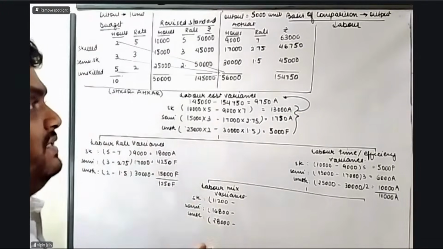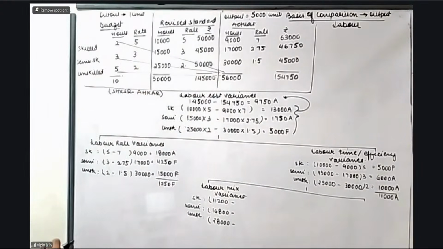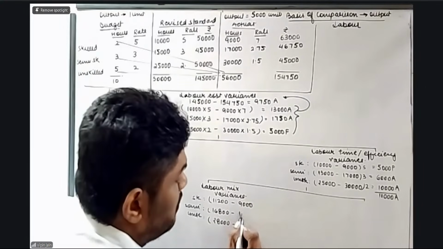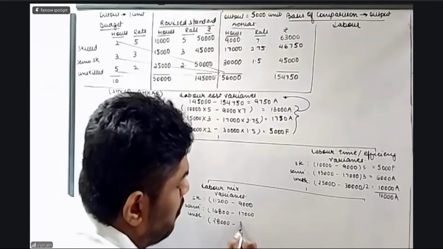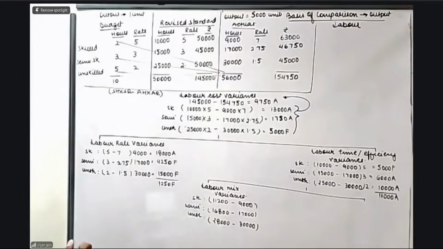So this should be my standard mix. 56,000 should be the ratio of 2:3:5. My actual mix was 9,000. Into the rate.